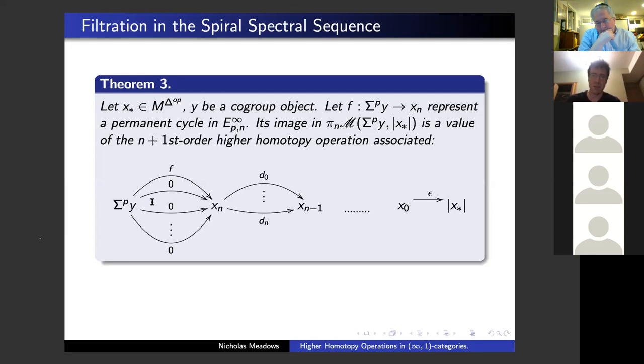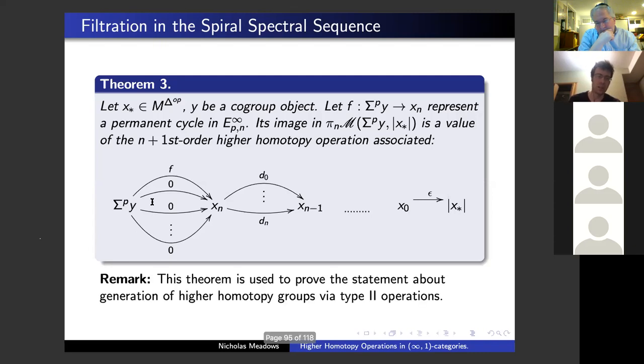So that is how you prove that we can generate homotopy groups of spheres under these higher operations, these type 2 operations I mentioned, using this theorem relating the filtration in a spectral sequence to higher homotopy operations.